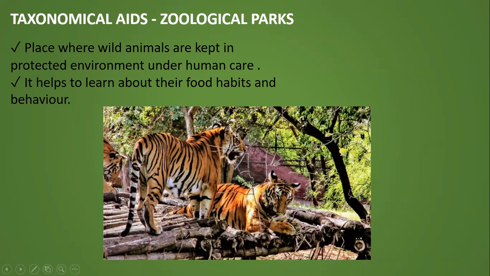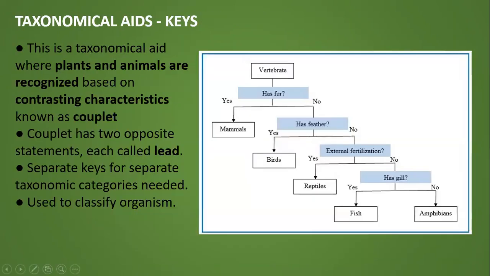Okay, yes. The last part of this chapter is the taxonomical key. It is a taxonomical aid where plants and animals are recognized based upon a contrasting character. You can identify both plants as well as animals, which is actually based upon a contrasting characteristic.